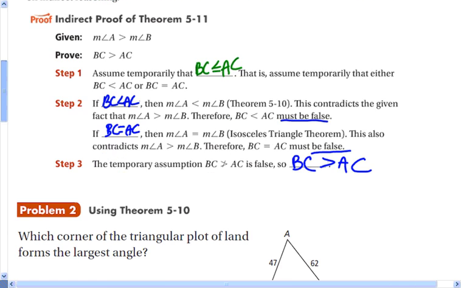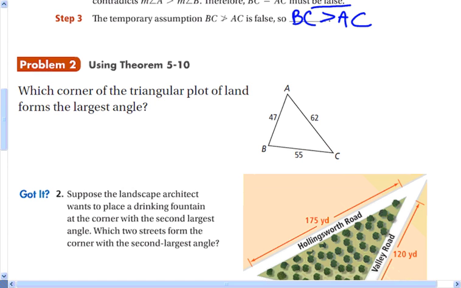All right, problem 2. Using this, which corner of the triangular plot of land forms the largest angle? Well, let's order these sides from least to greatest. So 47 comes first, then 55, then 62.